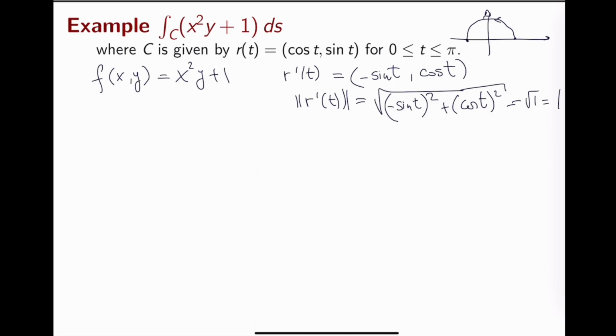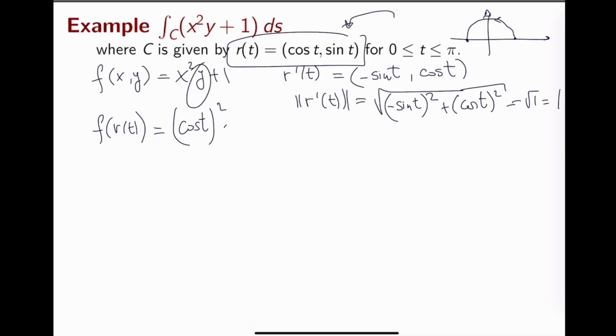So we got the norm of the derivative, that is one of the things that we need inside of the integral, and we need also the function evaluated at the curve. So let's calculate the function evaluated at the curve. The function is this one, and we have to take now as x, y the values of the curve. The first thing to evaluate here is x squared, so we're going to put here cosine squared times y.